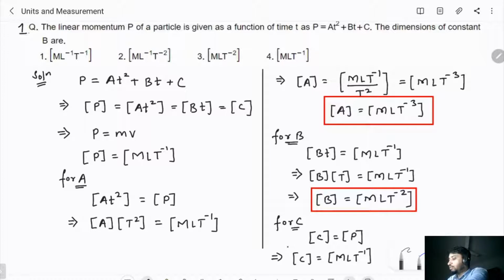Now here we had to find the dimensional formula for B only, but we have found it for A, B and C for our understanding. So for B, what we have is M L T to the power minus 2. So the answer here will be the third option. Now let us go for the next question.